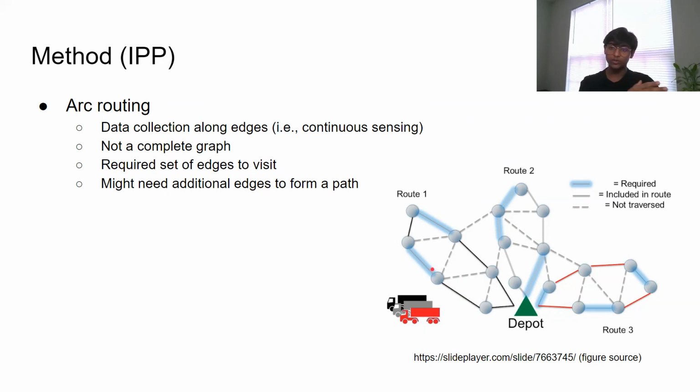Now, once we finish the first iteration, in the second iteration, we select another edge, which we believe is going to be informative, given the fact that we have already acquired the data from the first edge. And to make the decision, we compute this EER to route cost ratio.